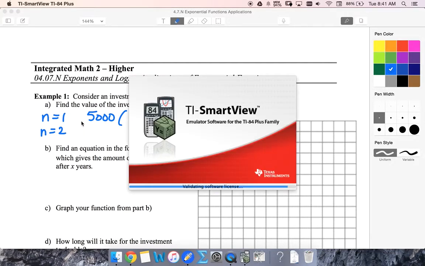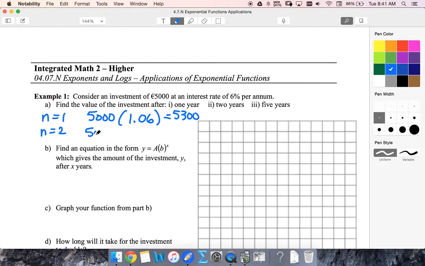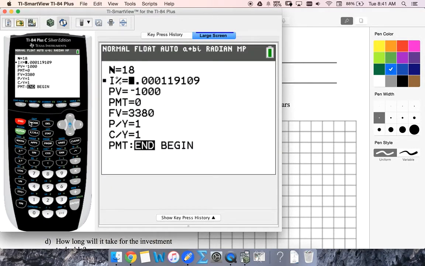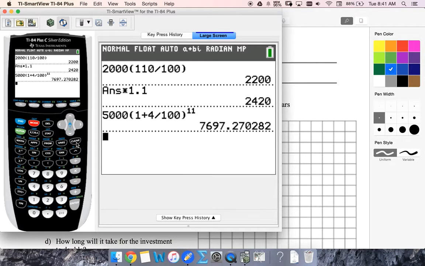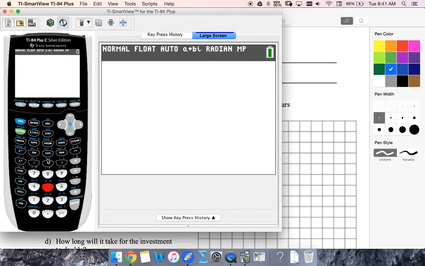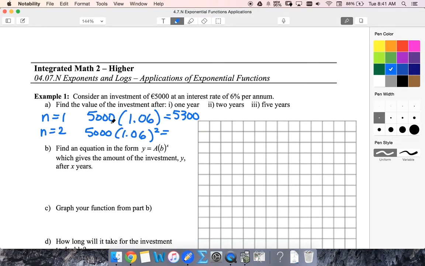So we're going to end up with 5,000 times 1.06 squared, and hopefully the calculator's going to work this time. Try again. So 5,000 times 1.06 squared, 5618.